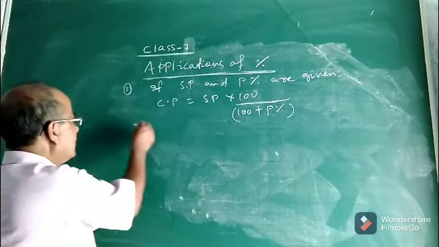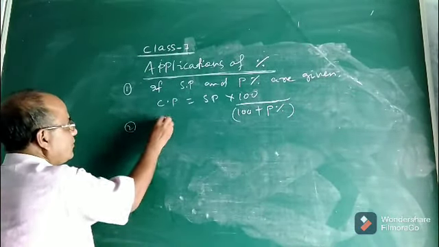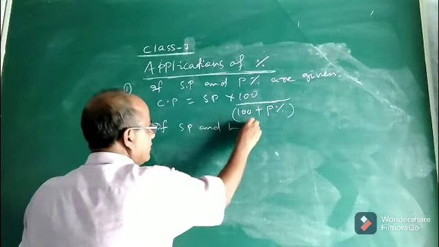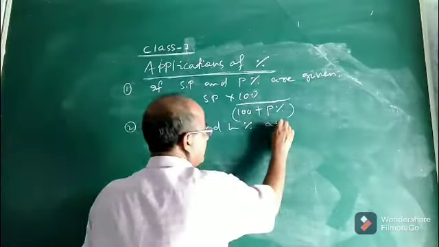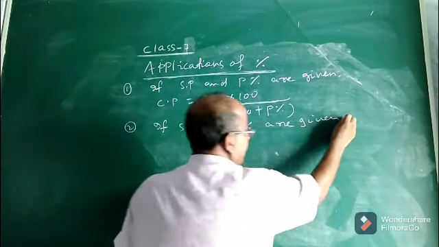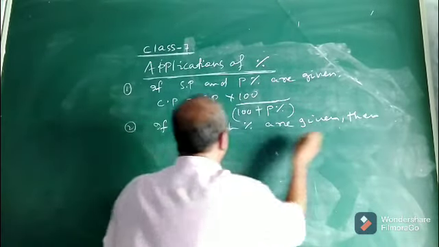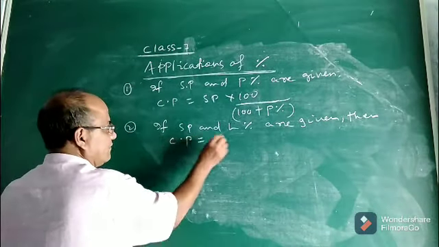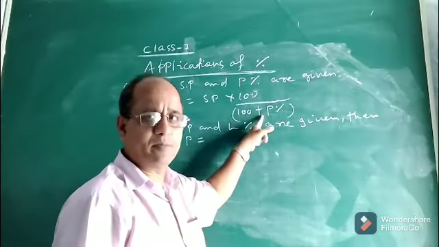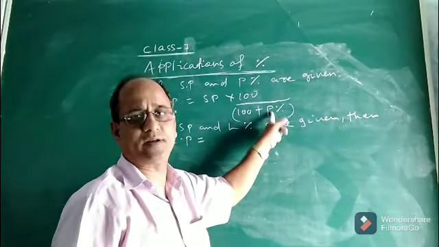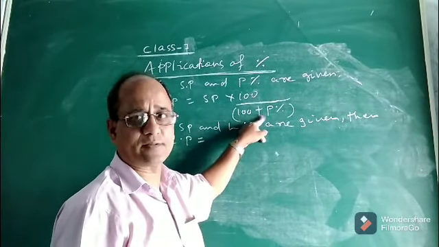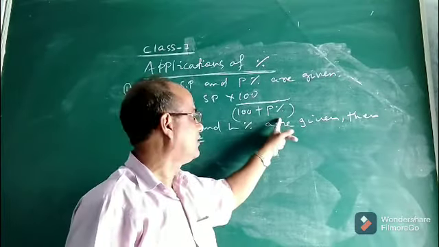Now let us consider the next situation. Suppose you are given the selling price and loss percent. If these two values are given, then how to compute the cost price of the article? Very simple. The same formula, only in place of plus it will be minus, since there is loss percent, and profit percent will become loss percent.